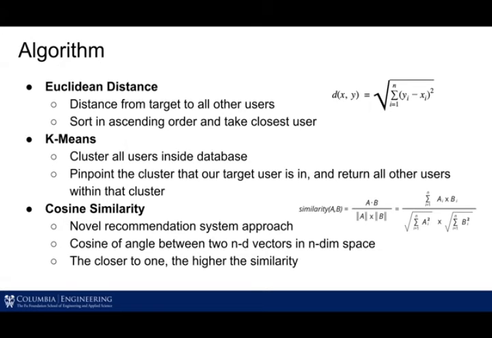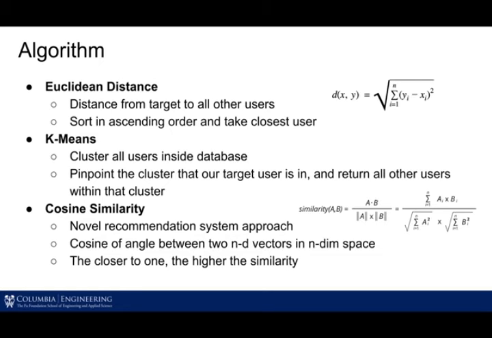We calculate the distance between our specific user and all the other users in our database to find the closest distance. We sort them in ascending order and take the top 5 users as our recommended roommates for the specific user.